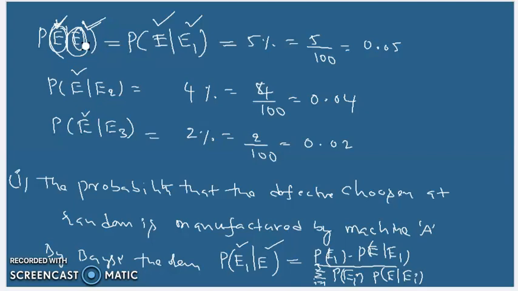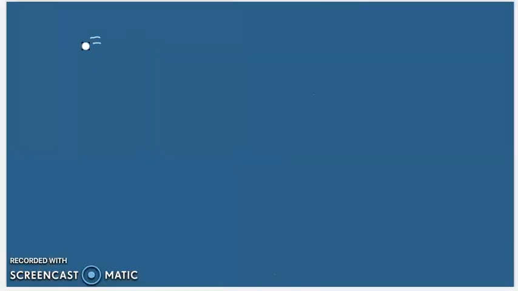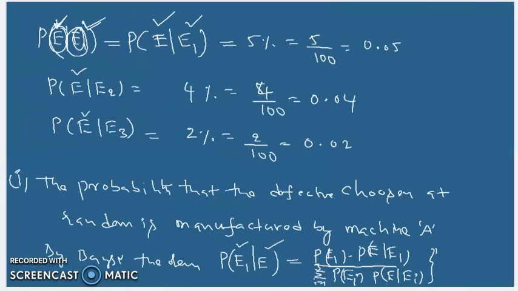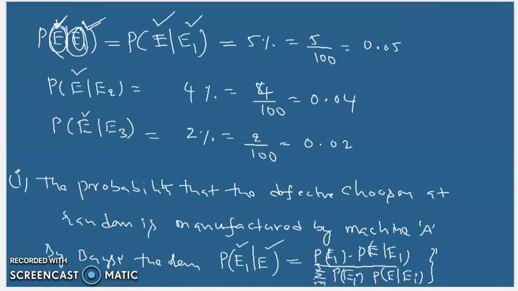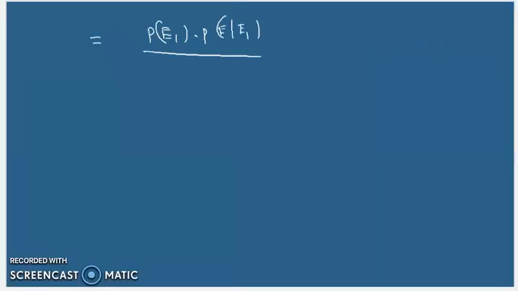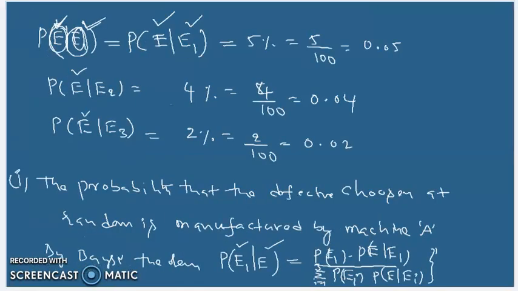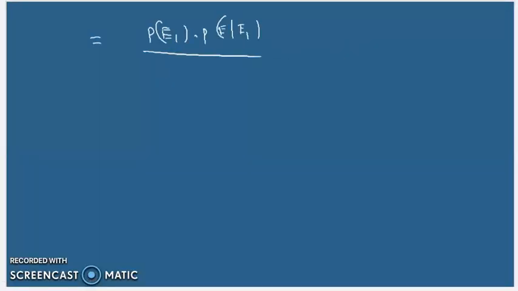This is completely dependent upon the Bayes theorem statement. So P of E1 into P of E by E1 by summation.